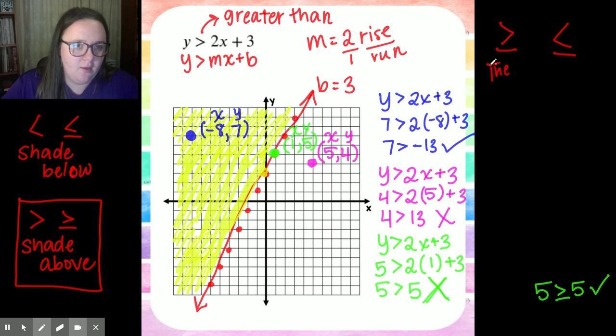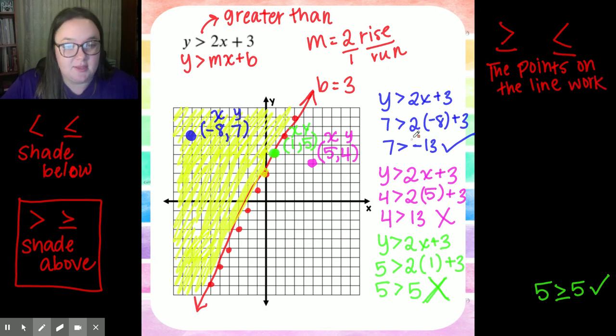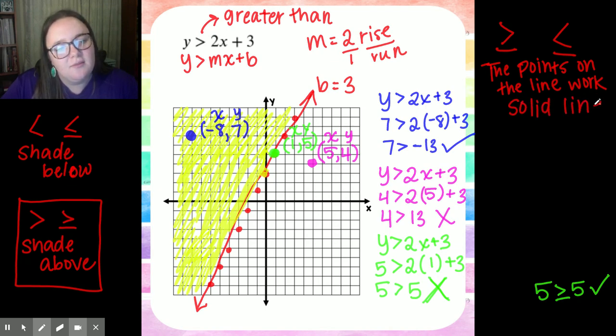The points on the line work. When I say work, I mean that the statement that reads is true, right? So the points on the line work. So this means if you have that equal to line, you draw a solid line. That's what's special about these two.